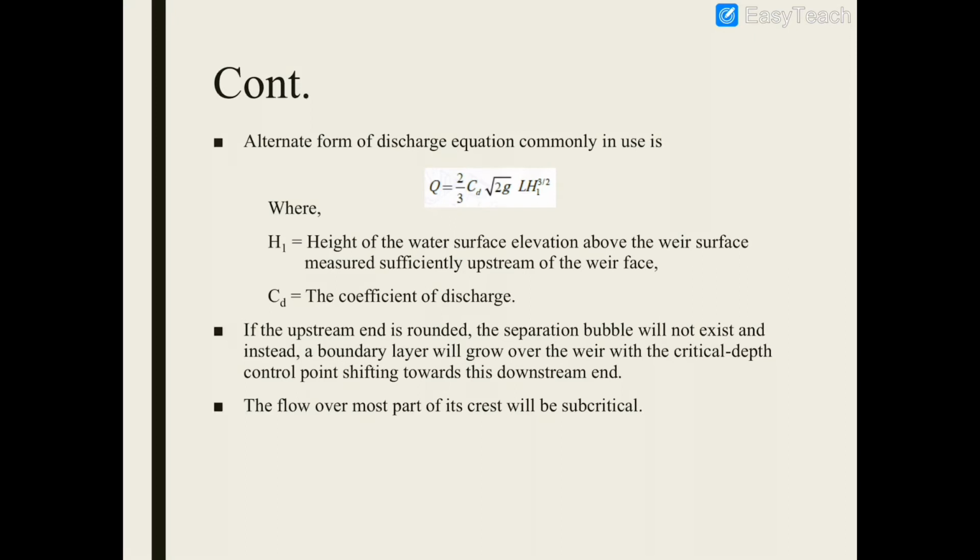If the upstream end is rounded, the separation bubble will not exist, and instead a boundary layer will grow over the weir with the critical depth control point shifting towards the downstream end.